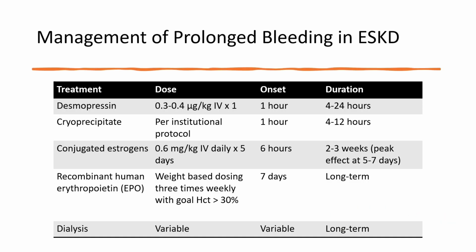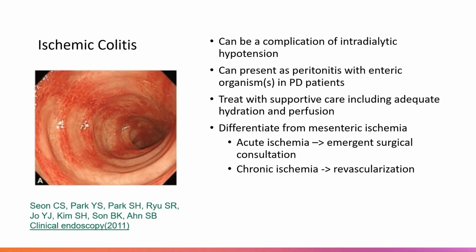With ischemic colitis, the rate of intradialytic hypotension per session is lower with home hemodialysis or frequent dialysis, but the incidence of intradialytic hypotension over the course of the week is not lower because you have more sessions. So it would still be a potential complication.